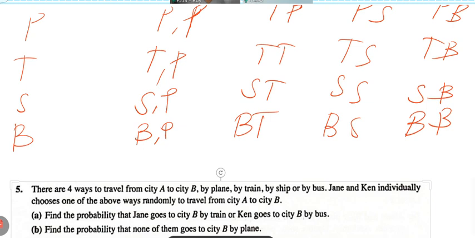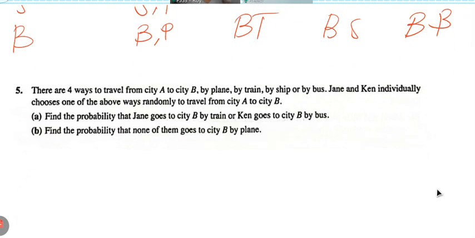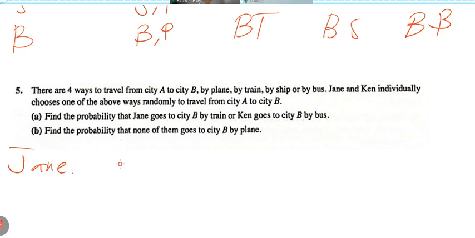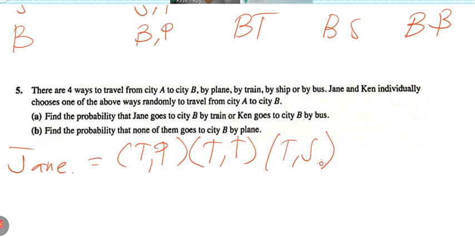Looking at the figure, for Jane there are 4 outcomes where she goes by train. For all the train outcomes, we have train and plane, train and train, train and ship, and train and bus. So that's 4 of them.